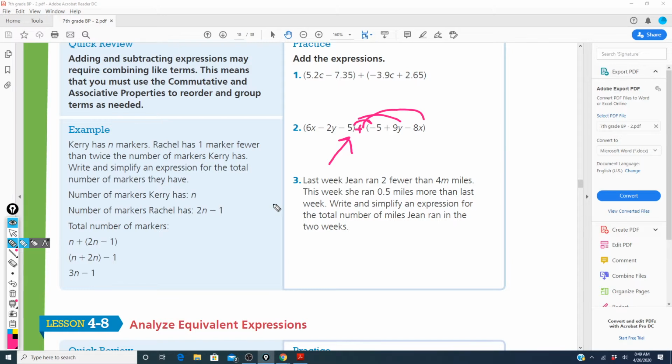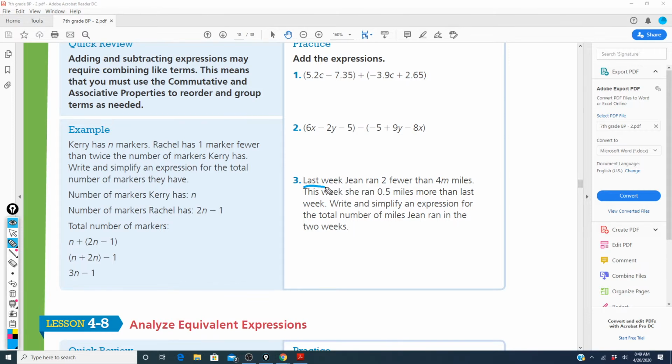This week, she ran 0.5 miles more than last week. We write and simplify an expression for the total number of miles Jean ran in the 2 weeks. There are two parts to this, everybody.